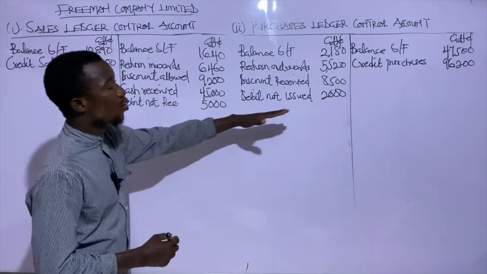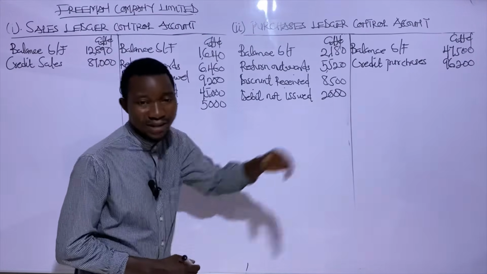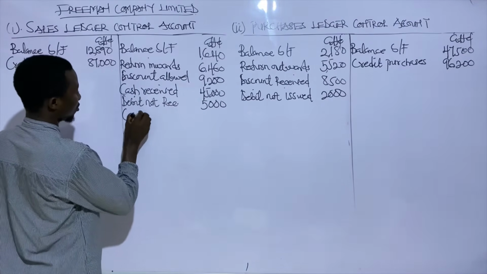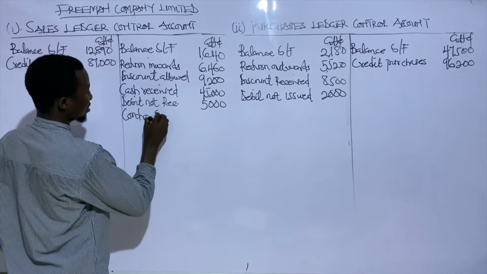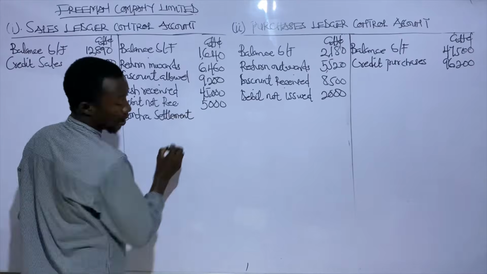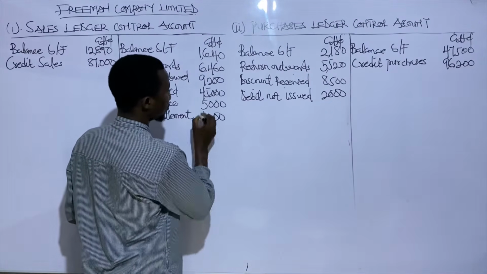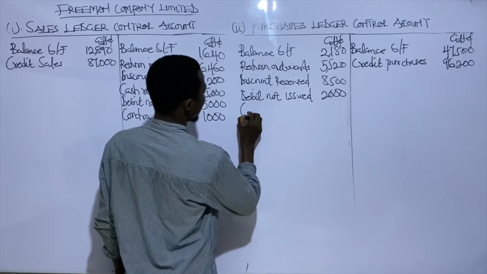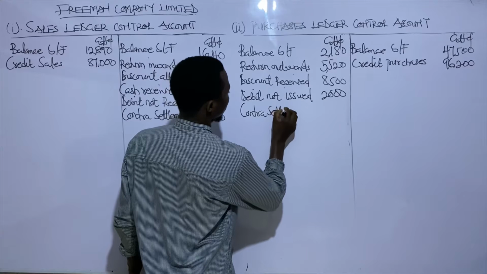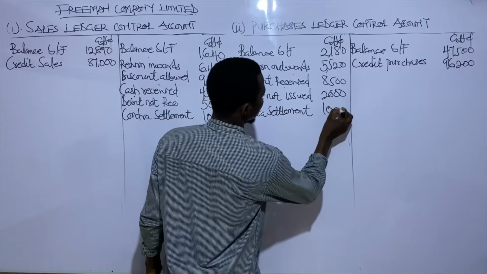And it will also be recorded at the debit side of the purchases ledger to reduce the balance of the total creditors. So we say contra settlement, and the contra settlement amount is 1,000. The same contra settlement will appear here, and the amount is 1,000.